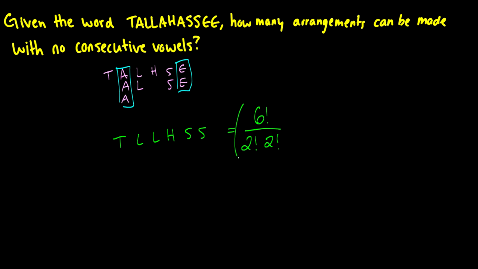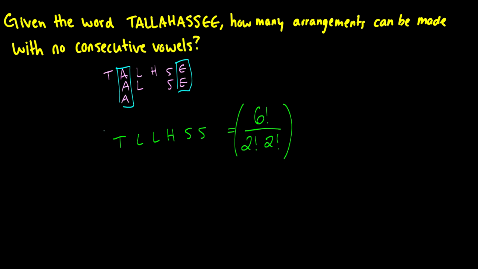We're going to have to multiply this by something, but how do we figure out what to do with the vowels here? Well, remember that order does not matter. So, where can we place the vowels here?